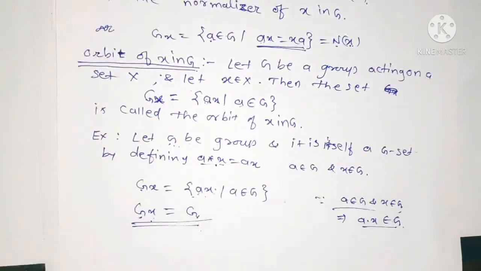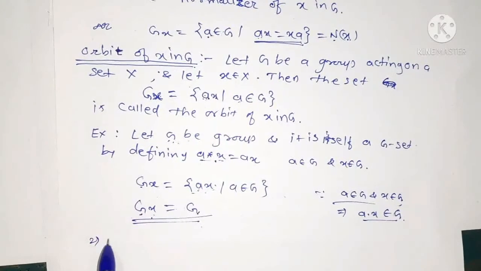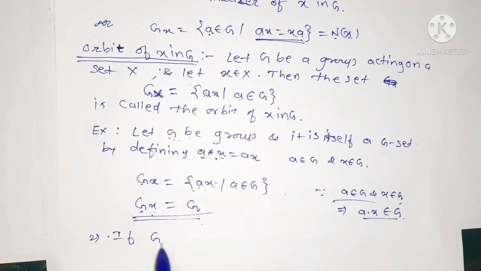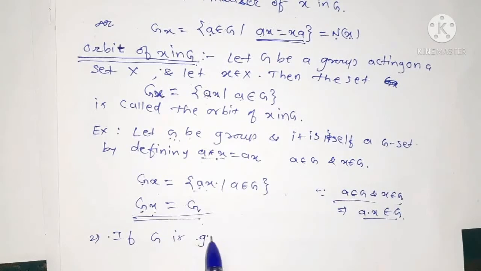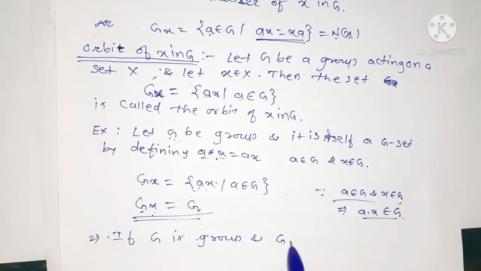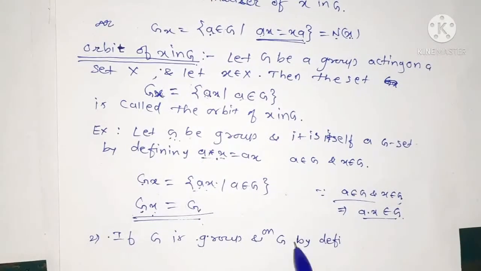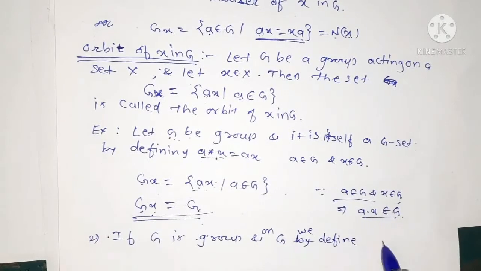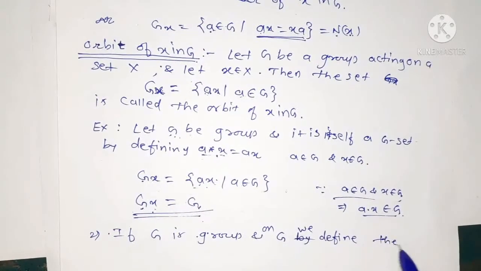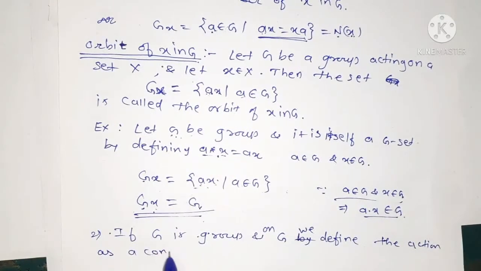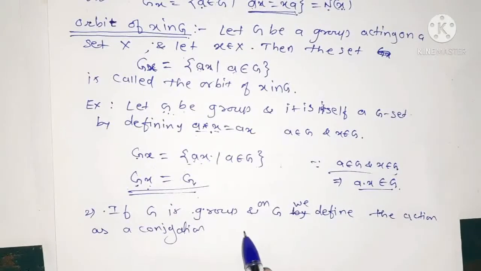Okay, we see one more example, the second example on the orbit of x. Suppose G is a group, and on G we define the action as conjugation.